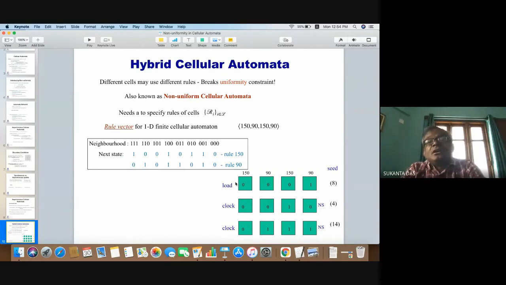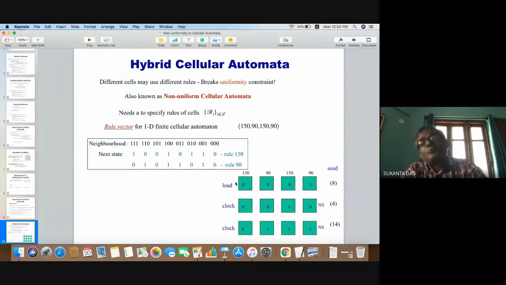In almost all cases the automaton is considered binary, meaning each cell can be in two states, 0 or 1.